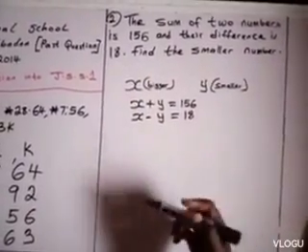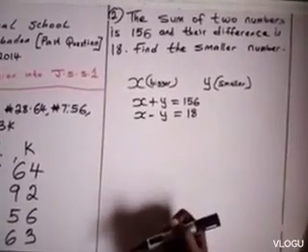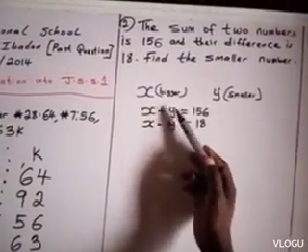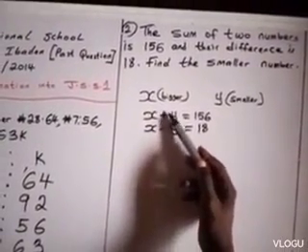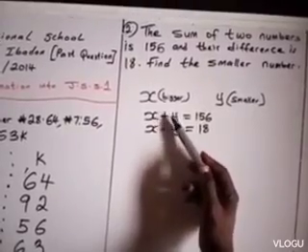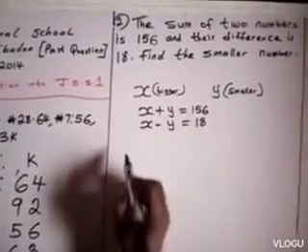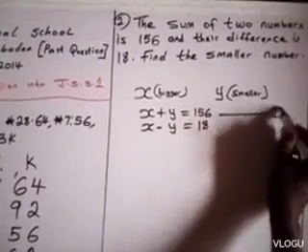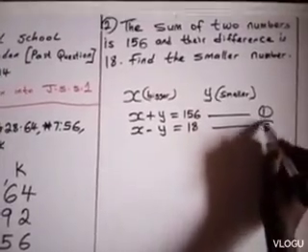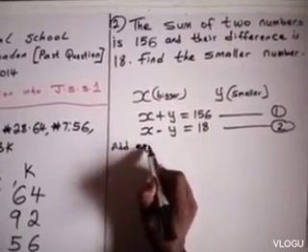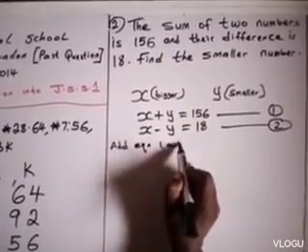Now let's use the elimination method because of the signs we are having here, plus y and minus y, and there's no coefficient. So I can easily add equation 1 and equation 2.